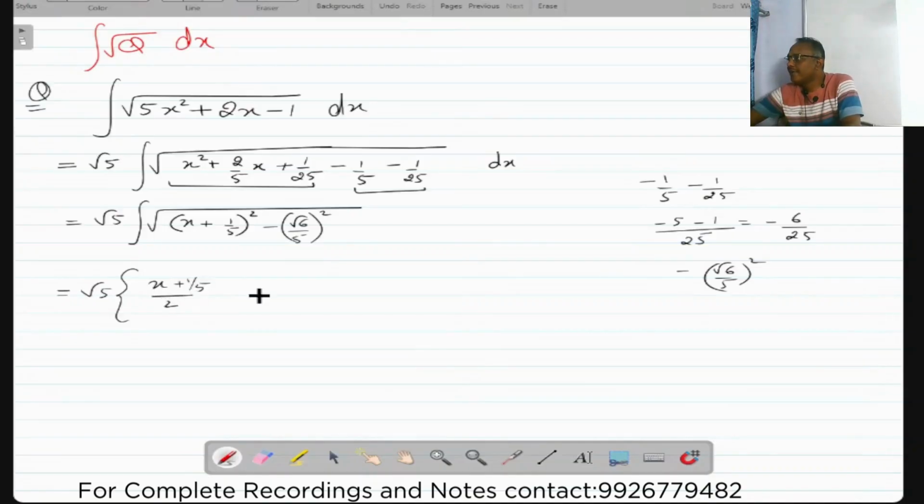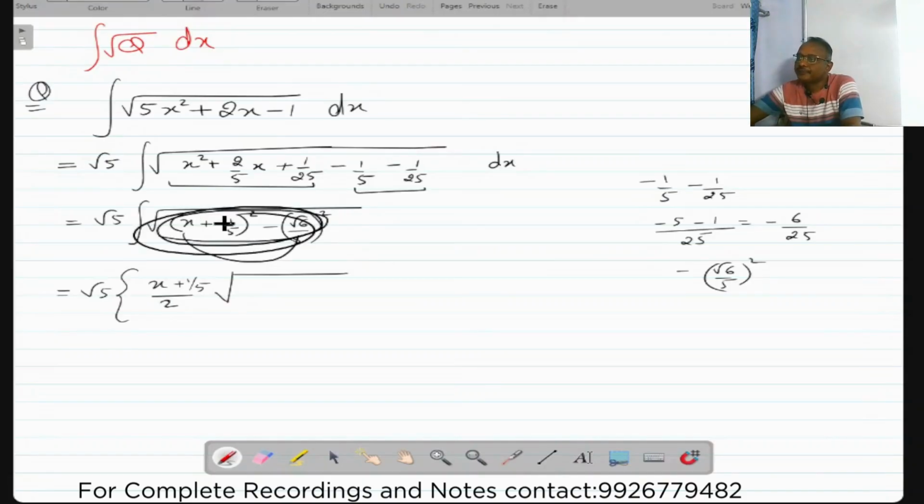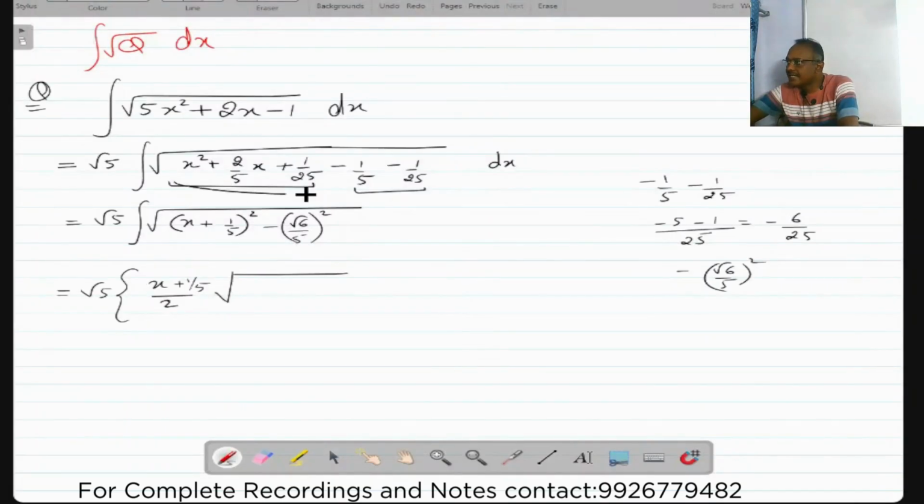Under root. Now everyone just pay attention here. x by 2. Now, whenever I am writing x square minus a square, I would be writing this same thing. When I open it, I'll get this same thing. 25 gets cancelled out.